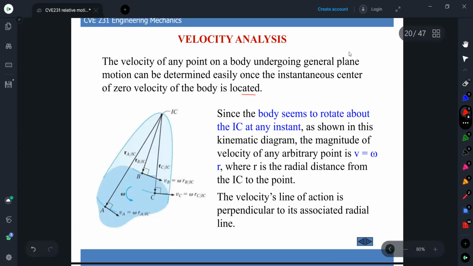Because at that instant the velocity of this point is zero, the magnitude of velocity of any arbitrary point is just omega r, where r is the radial distance from IC to the point. This is the simplified method for when we know IC, and we can use it for velocity only.